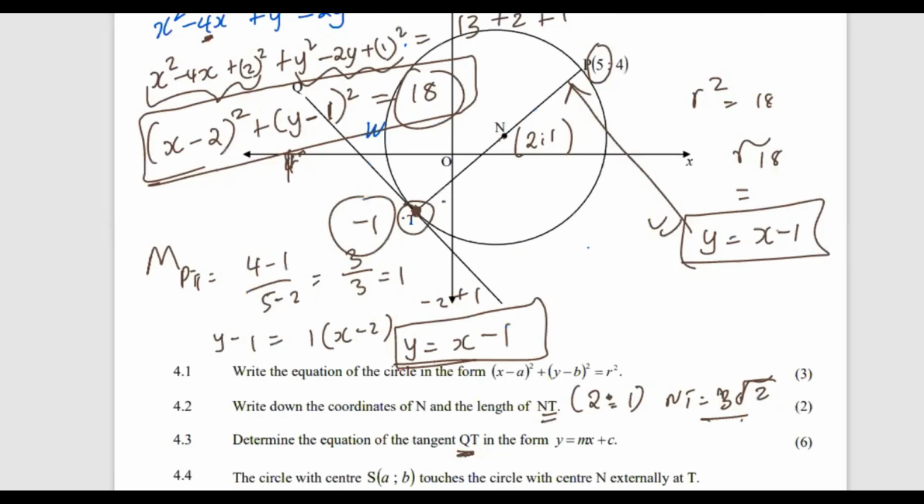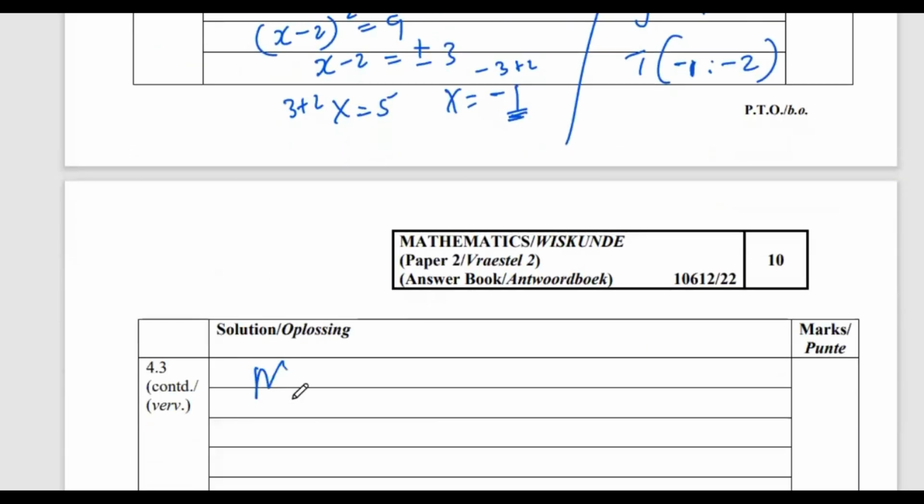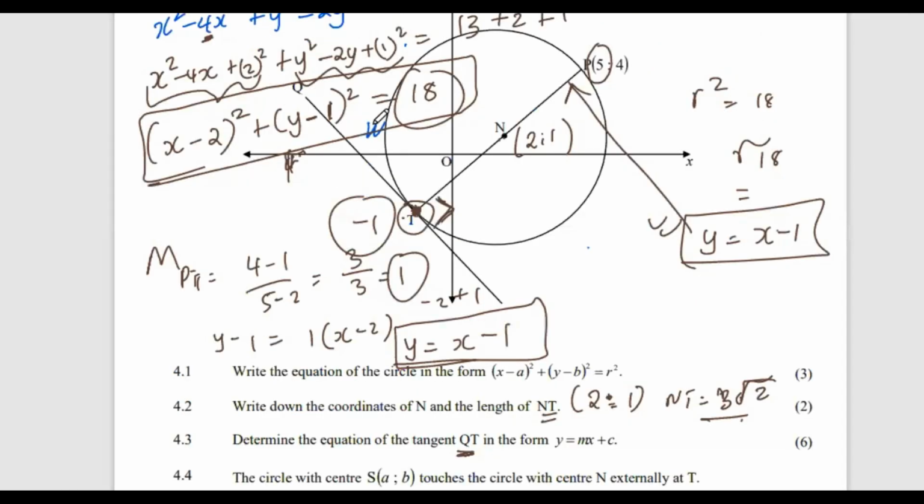Since we got the gradient to be 1, and we know that a tangent and the radius must be perpendicular from our Euclidean geometry, the gradient of the tangent must be −1, since the product of the two gradients must give us −1.